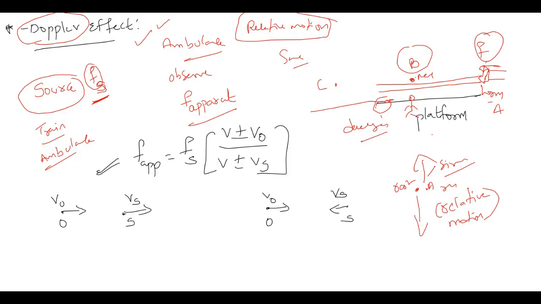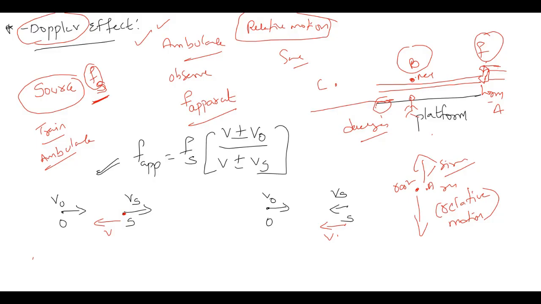Whatever sound the source produces will always reach from the source to the observer. This is the velocity of the sound. Here also sound will be produced from the source and reach the observer. So what is the direction of the velocity of the sound? The direction of the velocity of the sound is always from source to observer. Wherever it is, we are hearing from the source, so it should come in the direction of the observer.